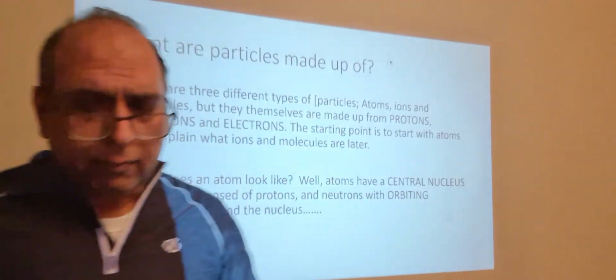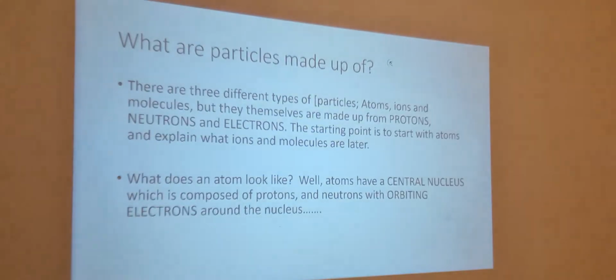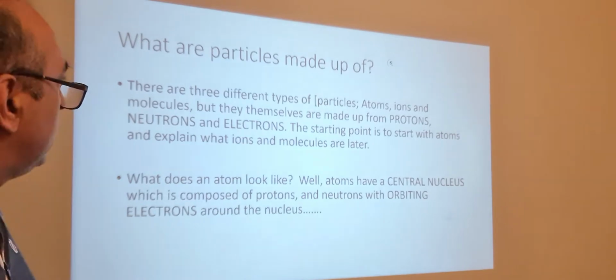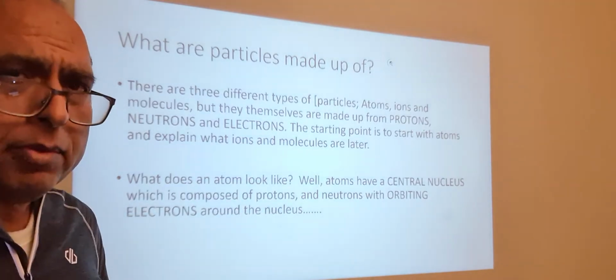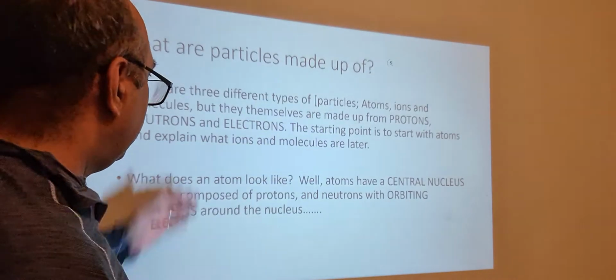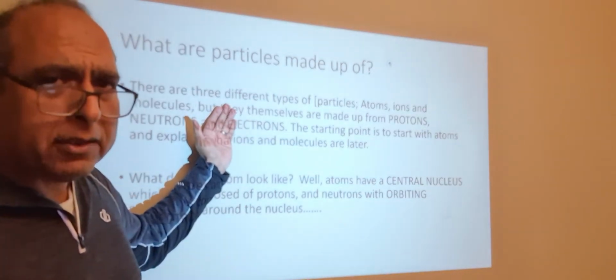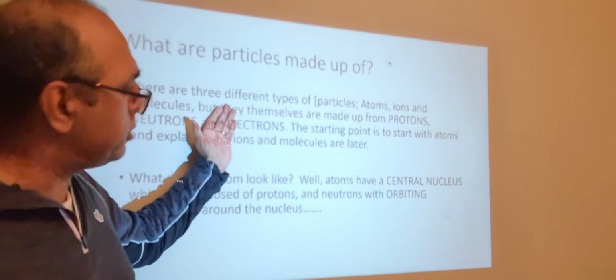So, if I just pose a question, those particles we've been talking about, what makes them up? What are they made of? Well, I've already mentioned there are three different types: atoms, ions, and molecules.